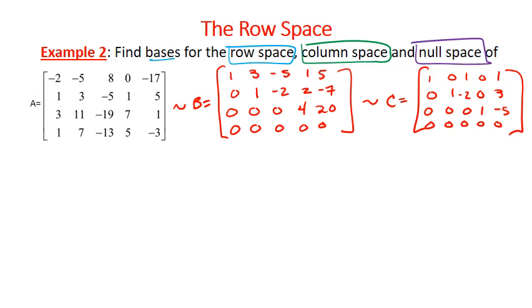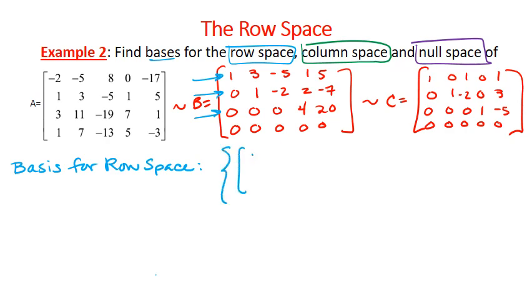Thinking back to the previous example, which is just the same, in order to find the basis for the row space, remember you want to find all the non-zero rows of B. So we have these 3 non-zero rows, and we will write them like this.